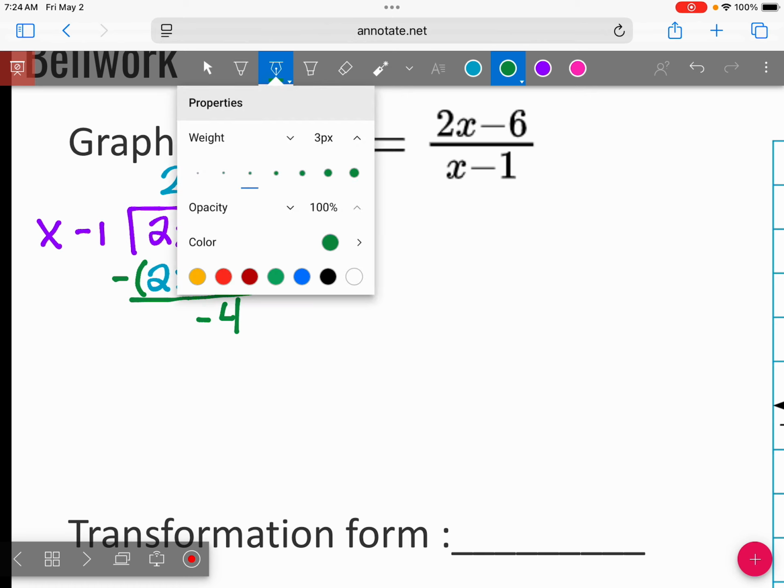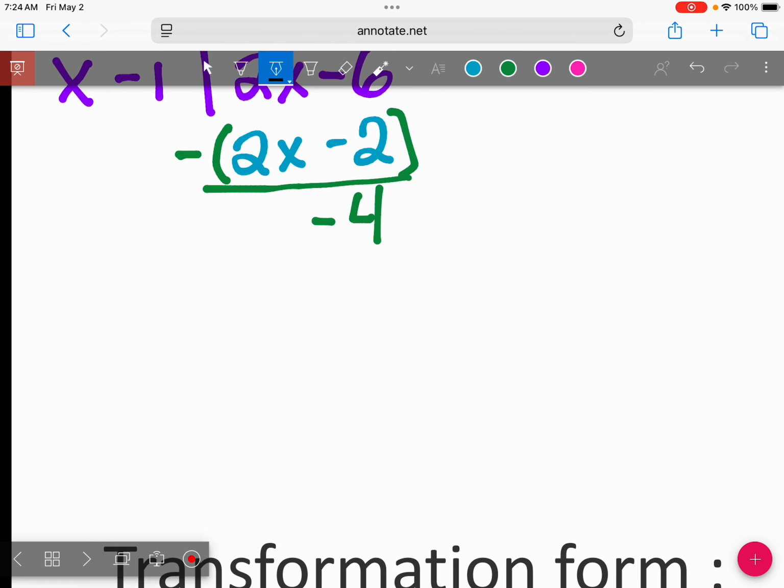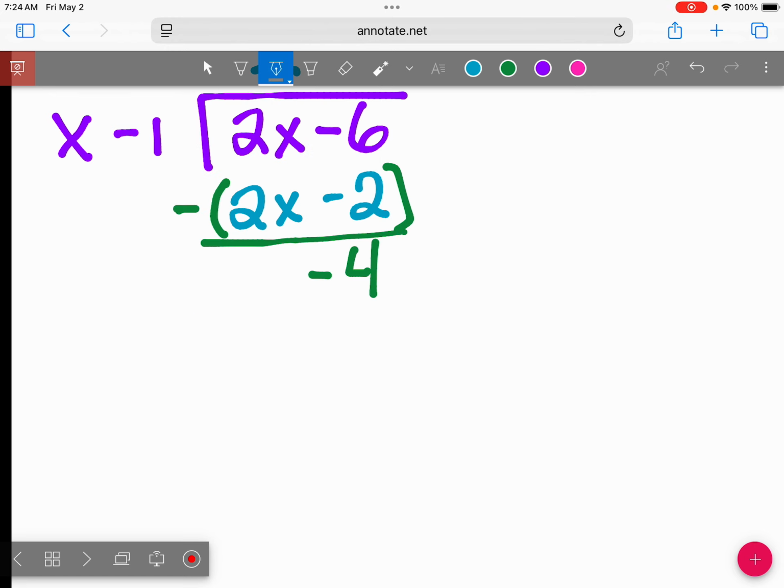Which means we can write this in our transformation form. I'm going to make a little pit stop in what I call the mixed number form. So our number on top is our whole number, and then we have our remainder of negative 4 over our x minus 1.